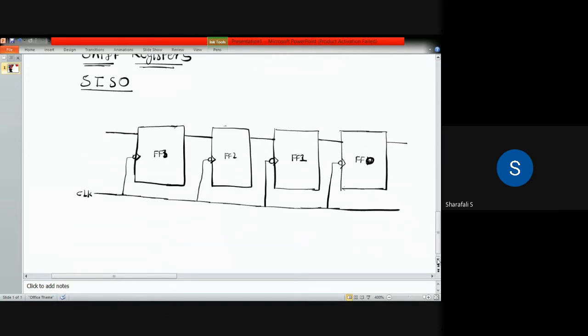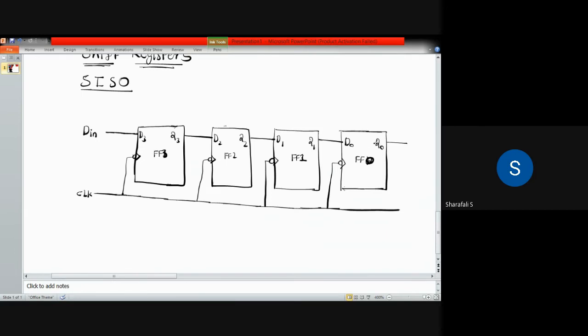Now this is your input D in. Now we will have different values: this is my D0, D1, D2, and D3, and this is Q3, Q2, Q1, Q0.